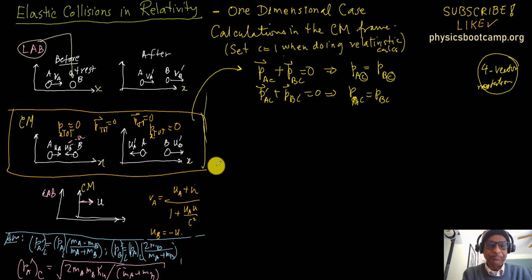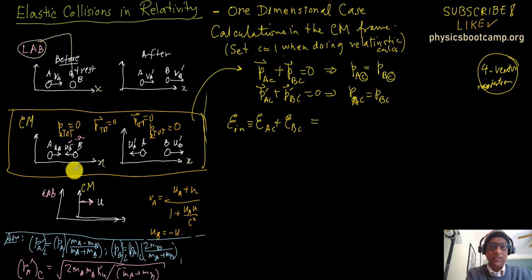Okay, so now energy conservation. Energy conservation will be EAC plus EBC. These are the incoming energies, so they are supposed to be known, right? I'm going to call this E in.